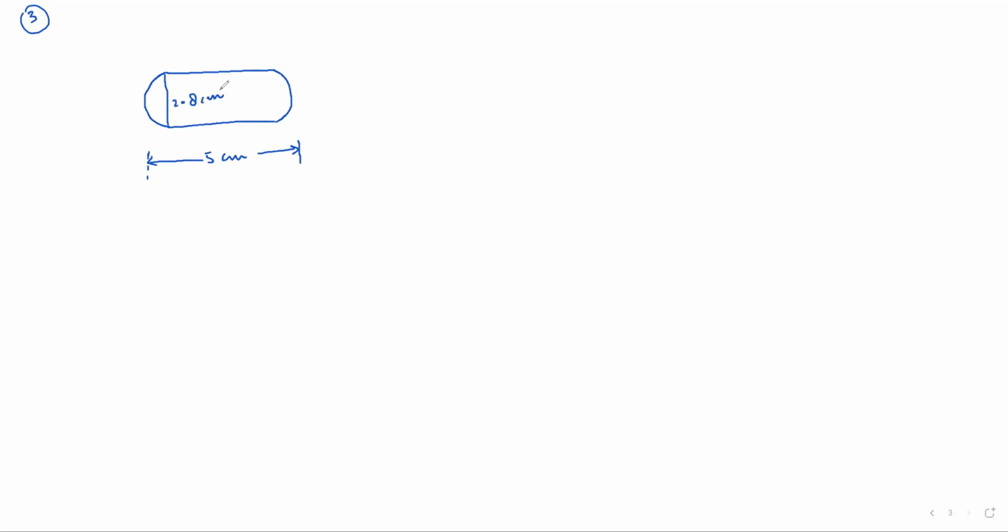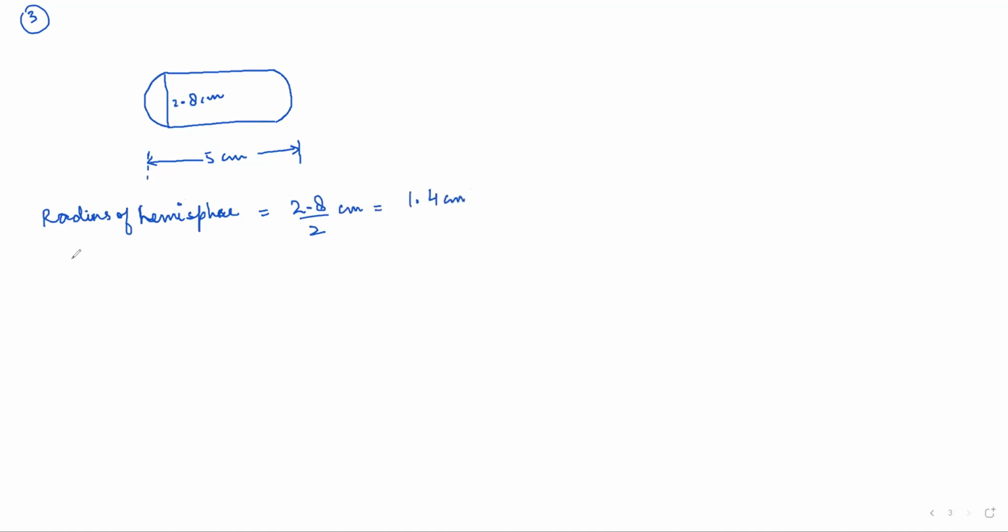So first of all, let us try to find the radius and etc. Let's come to cylinder. So how much is the radius of cylinder or radius of hemisphere? Let us first write. Radius of hemisphere will be the same as of cylinder. So that is 2.8 divided by 2. So that is equal to 1.4 centimeter.